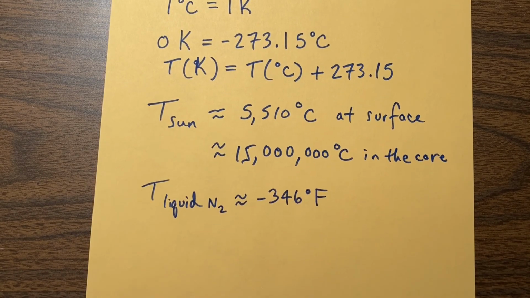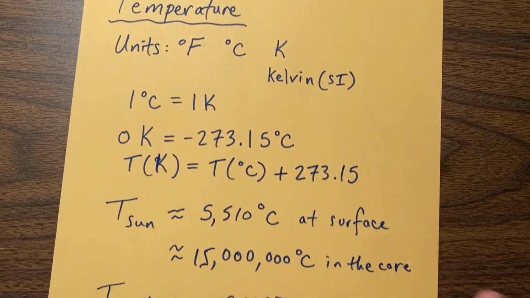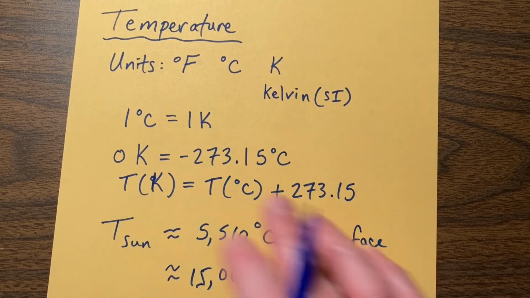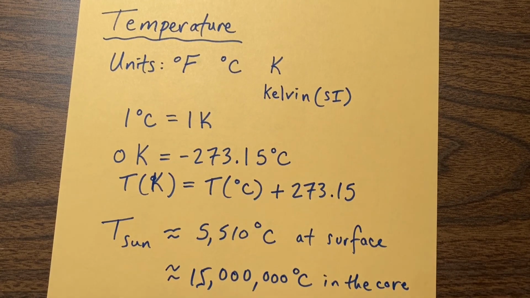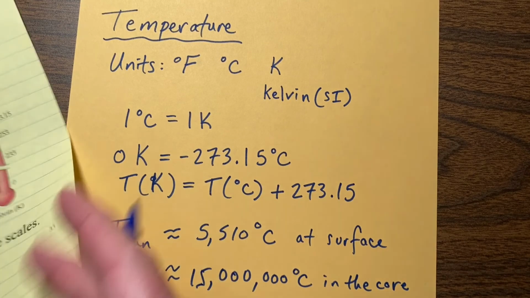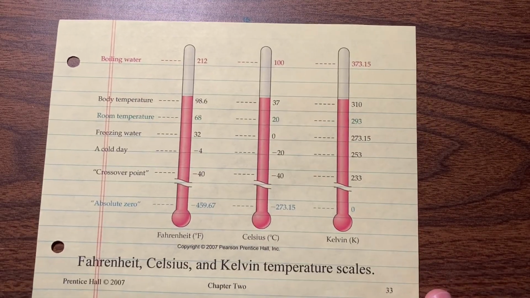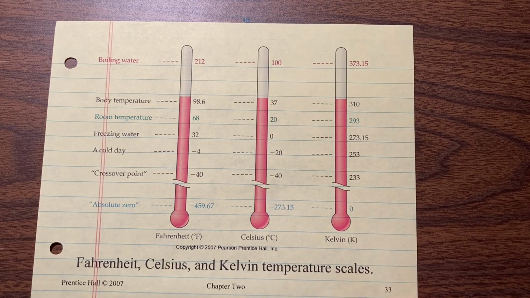So you have temperatures all over the place, but on our scale and in our labs, we're going to pretty much deal with just the degrees Celsius and the Kelvin scale. There's a nice way to convert between the three scales and understand how they all fit together with a picture like this.